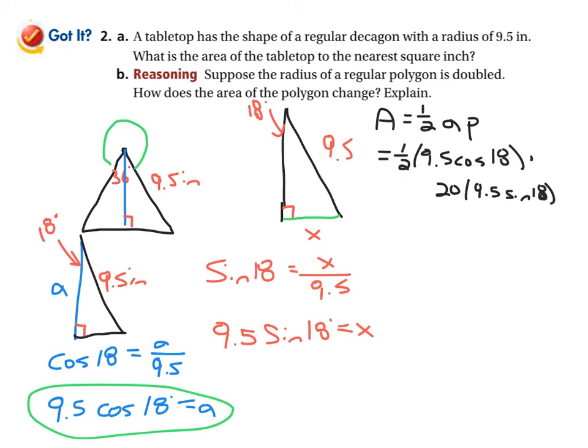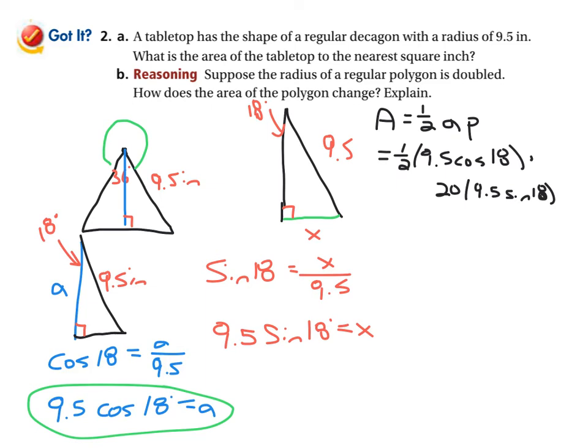Okay? And of course, this is one big long set of calculator moves. So I'm going to say 0.5 or 1/2 times 9.5 times cosine of 18. And you'll see that your calculator opens parentheses here. You need to close the parentheses. There's a button for that above the 9. And if you don't close the parentheses, it's going to calculate the cosine of all of the things that you type after it.